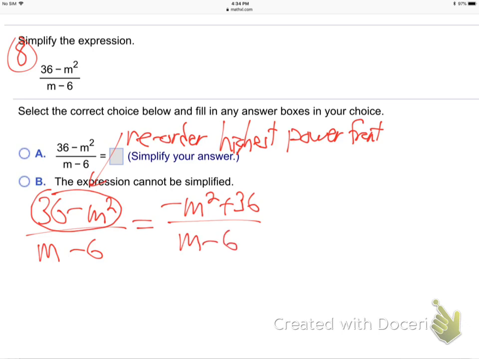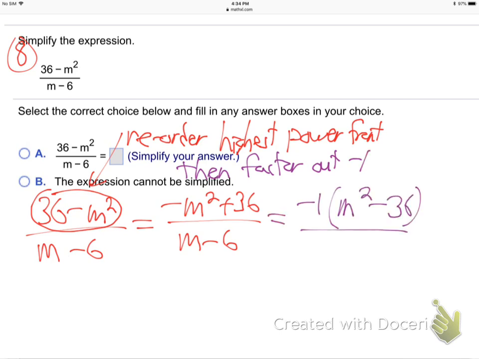And then we don't want minuses in the front. So then factor out -1. Right? Because -1 times m squared will go back to minus m squared. -1 times minus 36 will go back to plus 36. That's right.